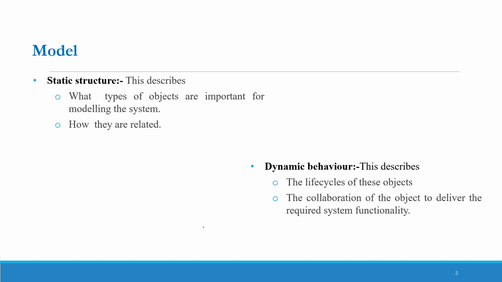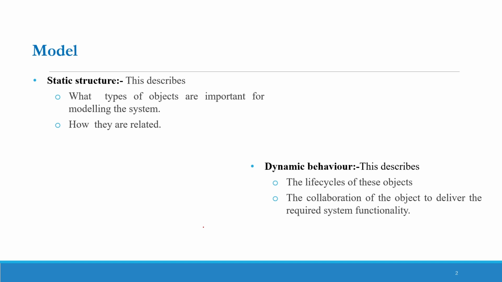This model describes what types of objects are important for modeling the system and how they are related to each other. The static model represents the structural aspects of the system, or the snapshots of the system at rest. Every static aspect of the system is represented by the static model.